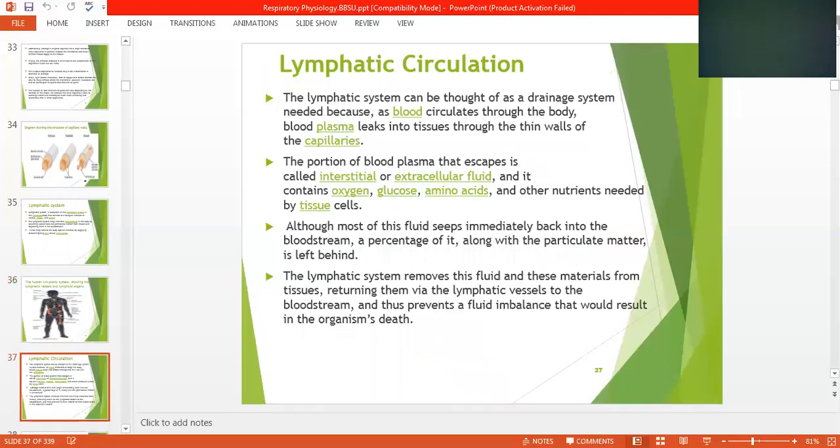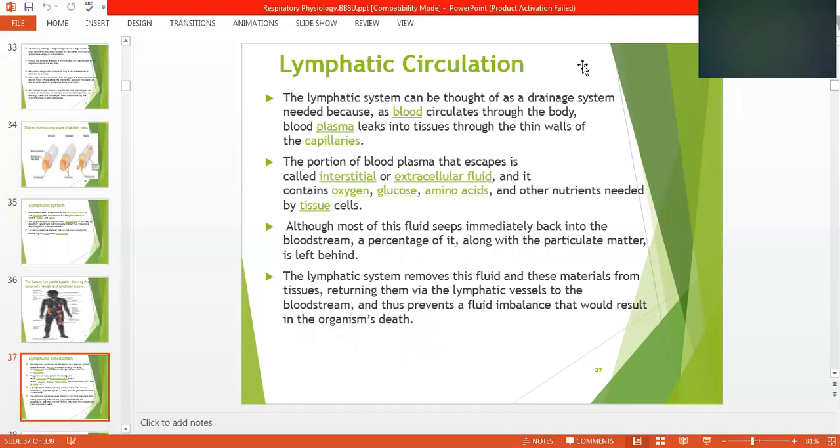Lymphatic circulation. The lymphatic system can be thought of as a drainage system, needed because as blood circulates throughout the body, blood plasma leaks into the tissue through the thin wall of the capillary.